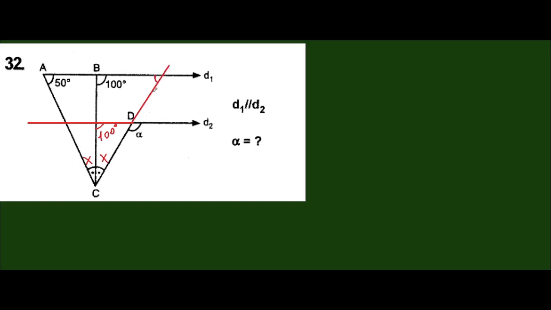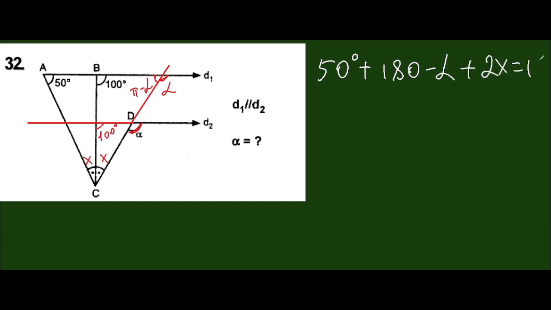This angle will be pi minus alpha. Why is it so? Because this angle is equal to this angle, so it is alpha. From here, this angle is pi minus alpha. And we know that the interior angles of a triangle is equal to 180 degrees, so 50 degrees plus 180 minus alpha, this is pi minus alpha, plus 2x will equal to 180.